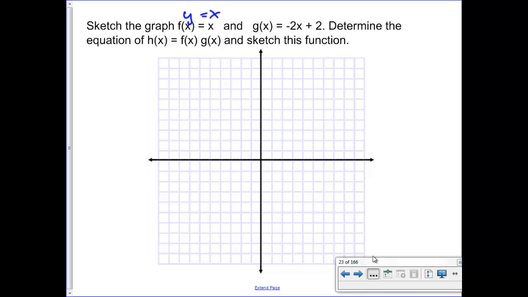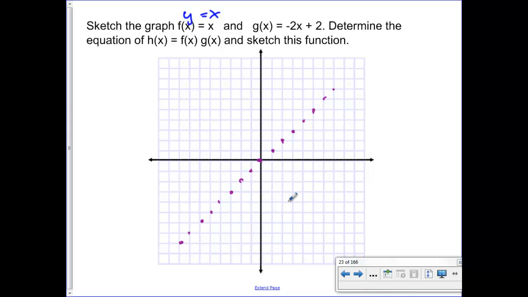So like draw it like this maybe. There's the graph y equals x.